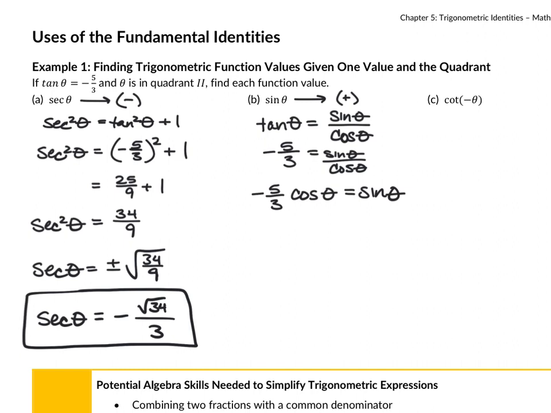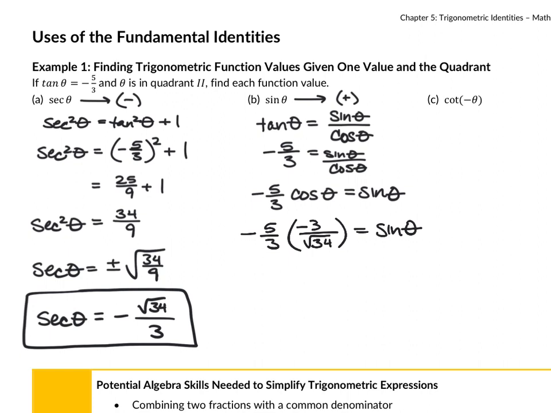Okay, cool. The only thing that's really left is for us to fill in some number for cosine of theta. But remember, we found already what secant of theta was equal to. And secant and cosine are reciprocals. So I can substitute in the reciprocal of the value we found in part A, so negative 3 over square root 34. Yes, I know that square root is in the bottom. We'll deal with it in a second.